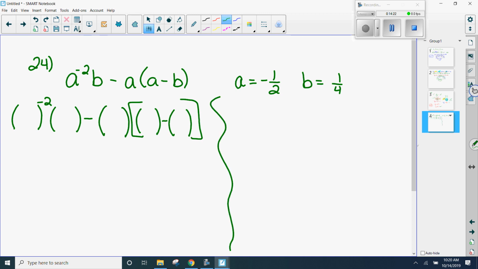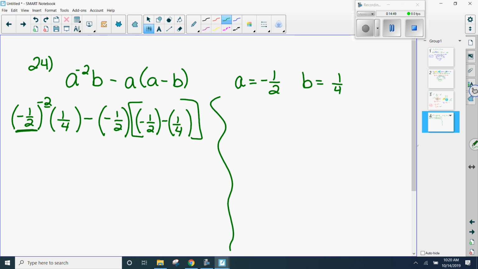So I could set up the problem, let A be -1/2 and B be 1/4. And now I have to solve that problem. So once again, what is your base here? Your base is -1/2. And I am raising it to the 2nd power.